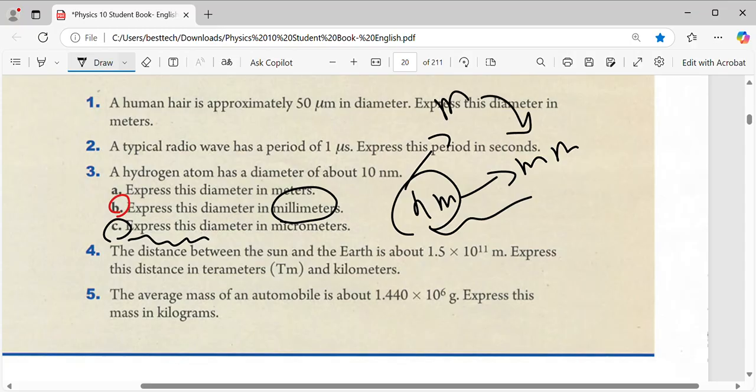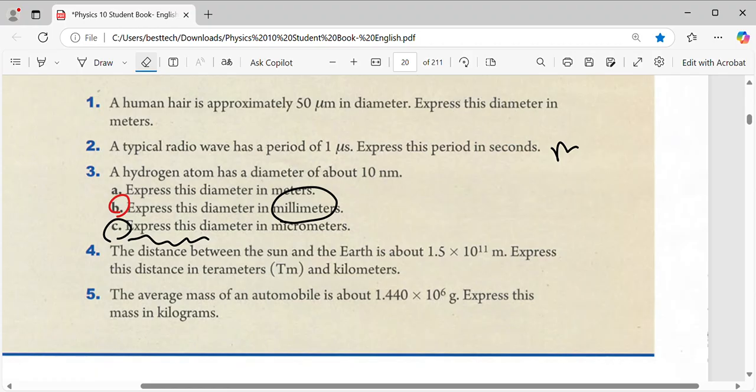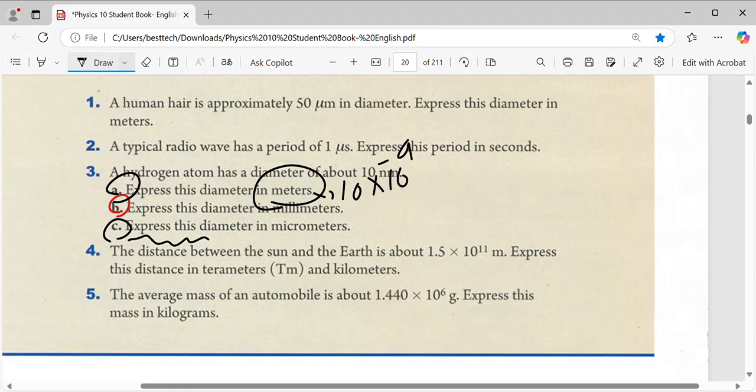But in this question it isn't needed to do all the steps again, because in the previous part we got the answer in meters. Look, we've got the answer here in meters, so we can use the answer of part A. It was 10 times 10 power negative 9 meter.